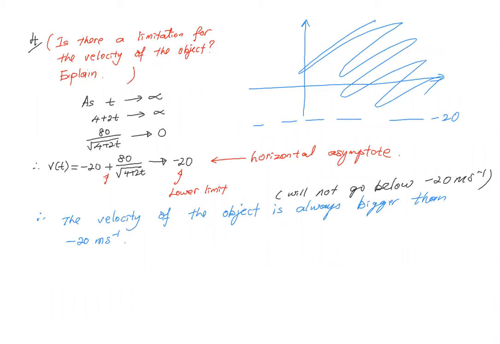Are you okay? Okay, let's go to the interpretation. You have to end with this. Find the limit, find the time and the position of the object when it reverses direction. That is part 5. So how am I going to do this part?